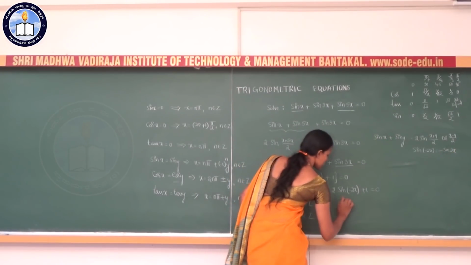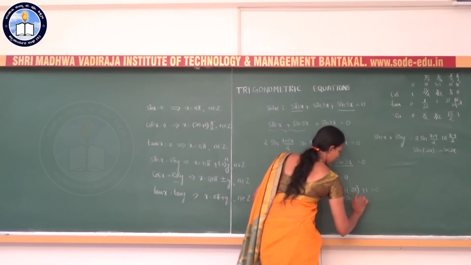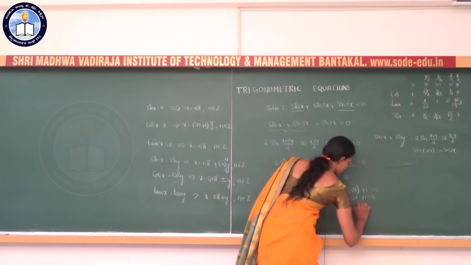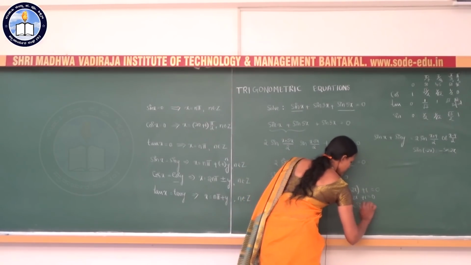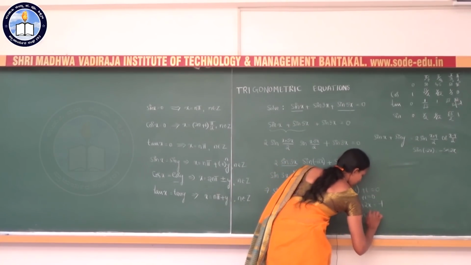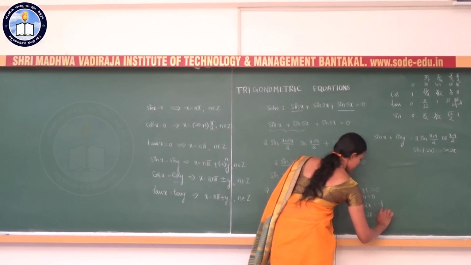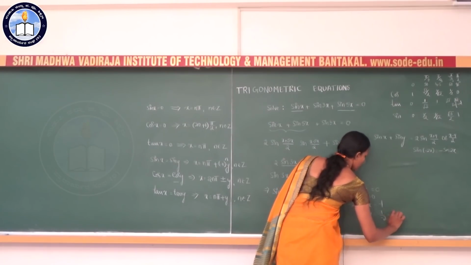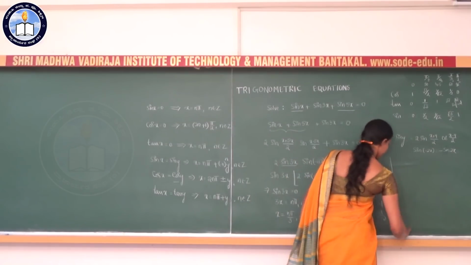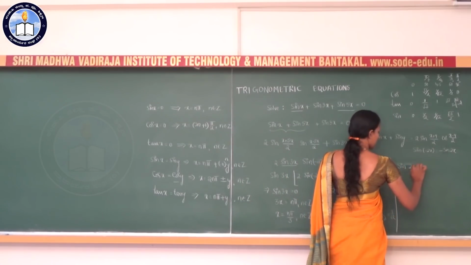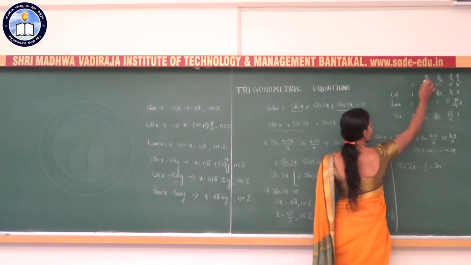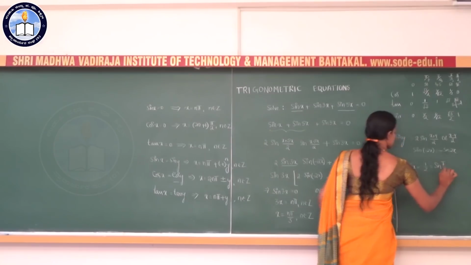So, this is minus 2 sine 2x plus 1 is equal to 0, or minus 2 sine 2x is equal to minus 1, sine 2x is equal to minus 1 by minus 2, or is 1 by 2. And 1 by 2 can be written as sine of pi by 6.